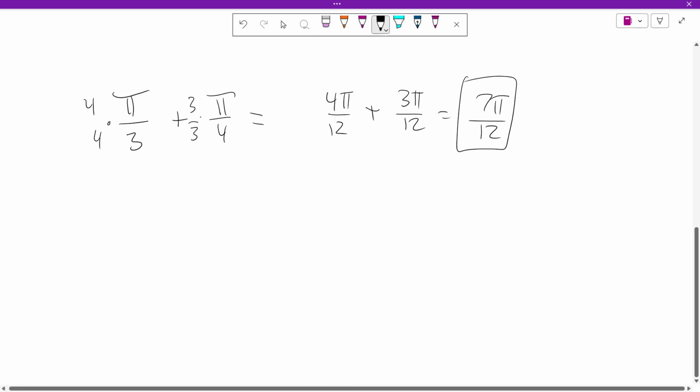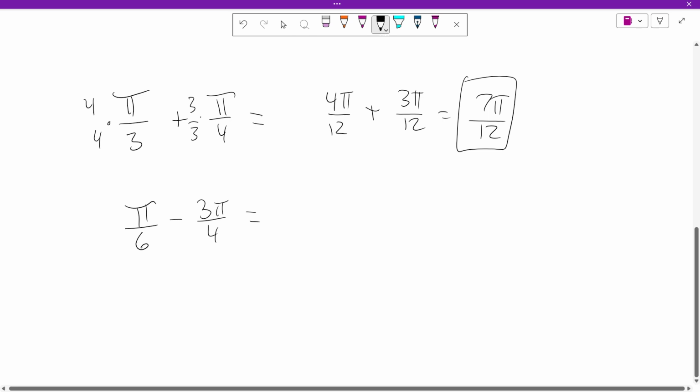Okay? So when you're working with these, you have to know how to add and subtract. What if we have pi over 6 minus 3 pi over 4? What do we get? Well, what's our common denominator?